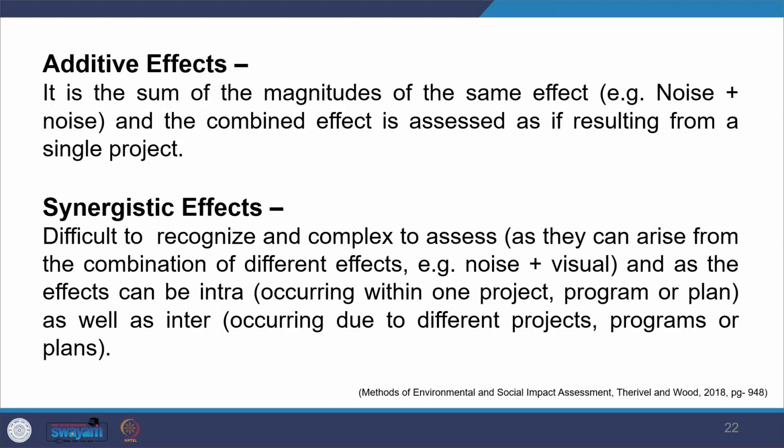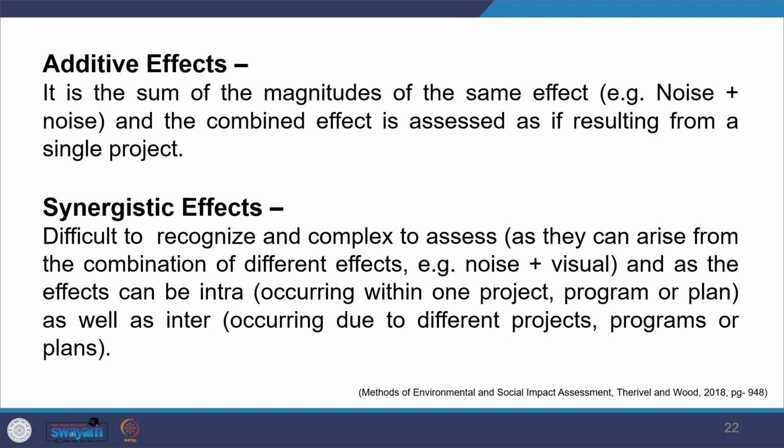So now looking at the additive effects, you might pay attention here. It is the sum of magnitudes of the same effect. So when we say additive effects, whatever same effect, if we are dealing with noise, in one particular context we are looking at noise coming from one source and noise coming from the other source.